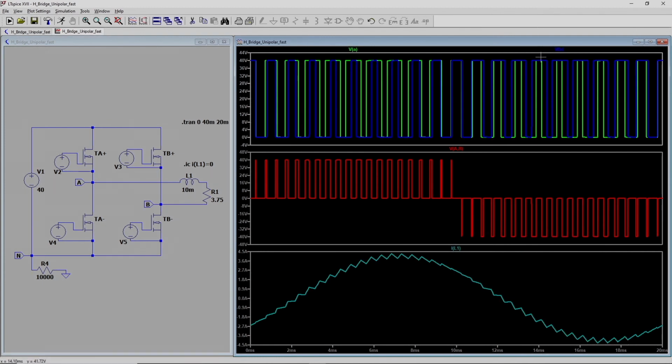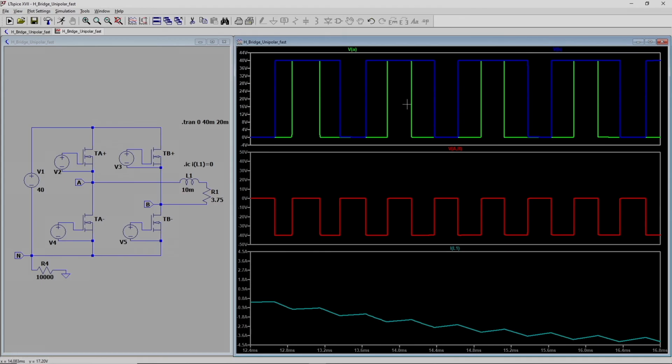If we zoom in on the area where the reference voltage has become negative, you can see the opposite has happened. The VBN voltage's width is greater than the VAN voltage's, and so the output varies from 0 to minus VDC, from 0 to minus 40, and this is the current waveform.